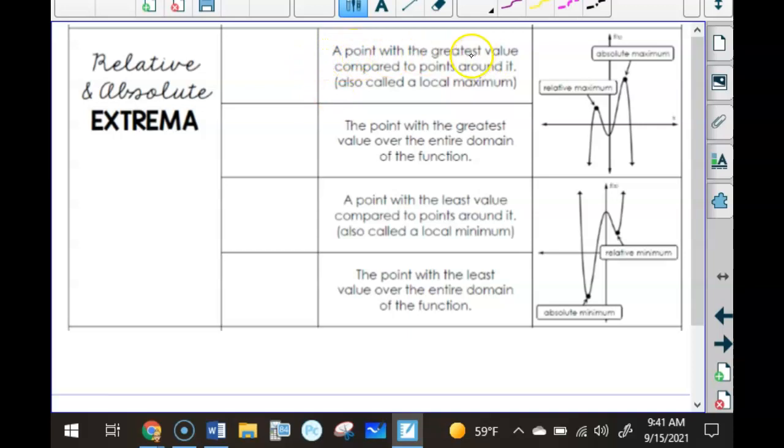A point where the greatest value compared to all points around it is called a local maximum, okay? The point with the greatest value over the entire domain of the function is called the absolute maximum. So this is going to be a relative, or they say it's also called a local maximum.